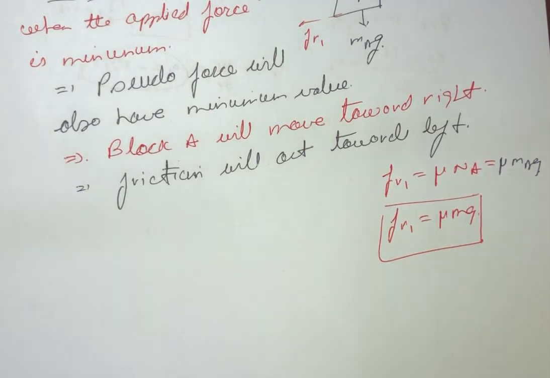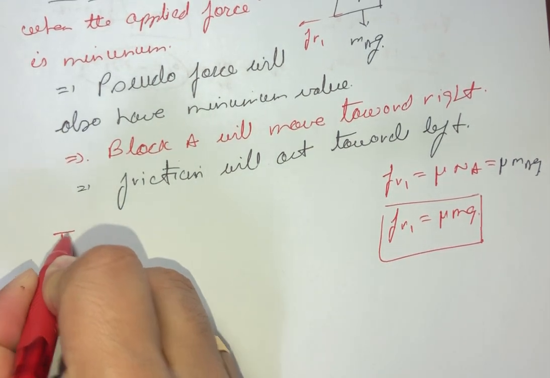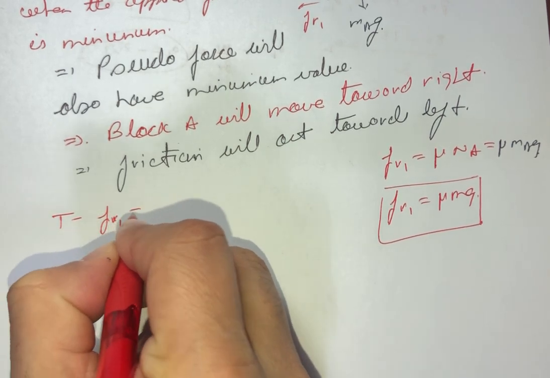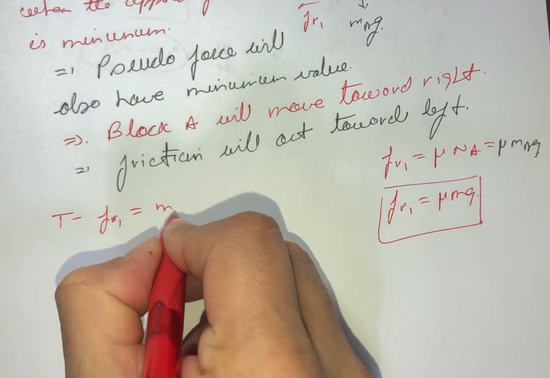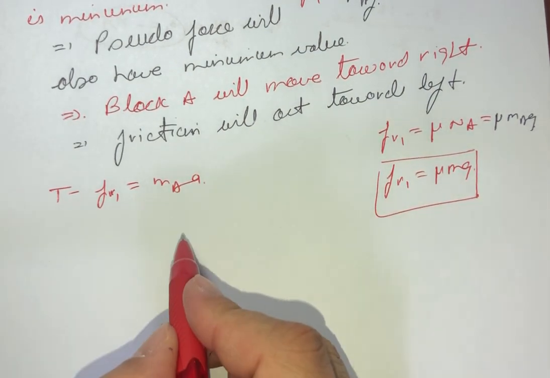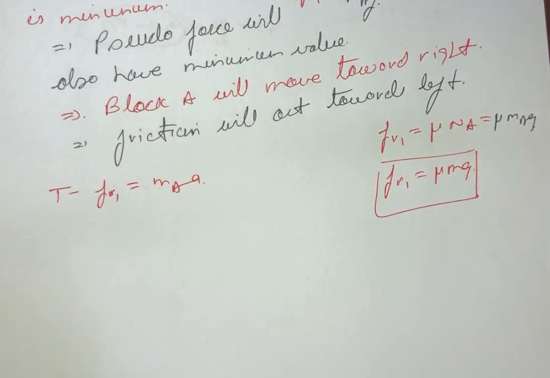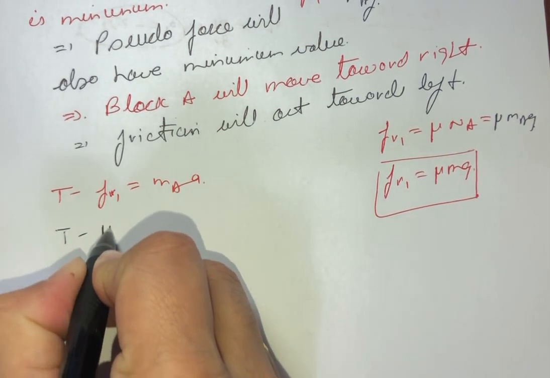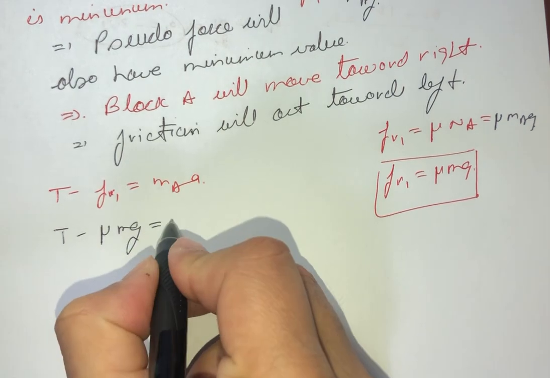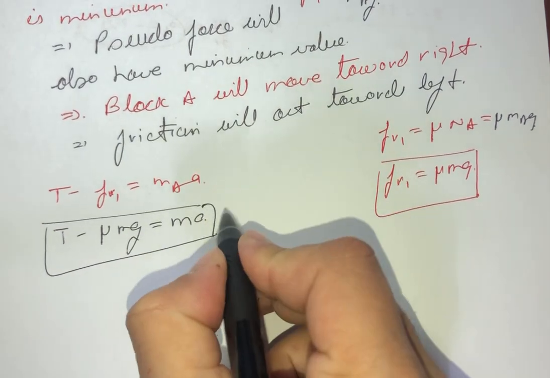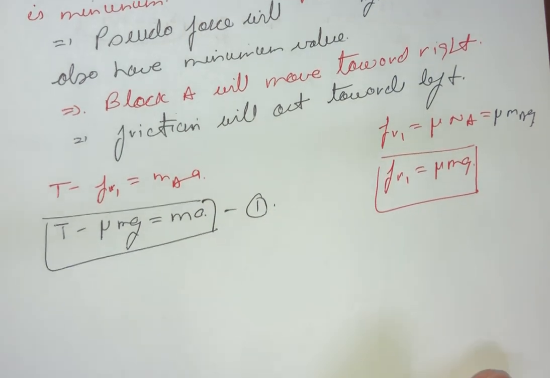So we can write the equation as T minus Fr1 is equal to mAa, and substituting the value of Fr1 we get T minus mu mg is equal to ma. This is equation number 1.